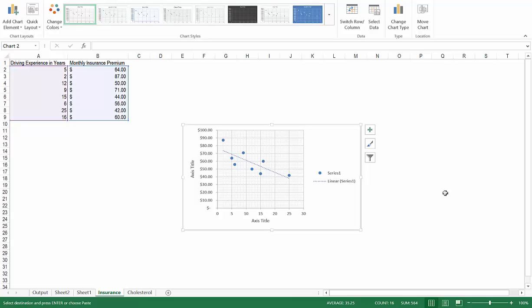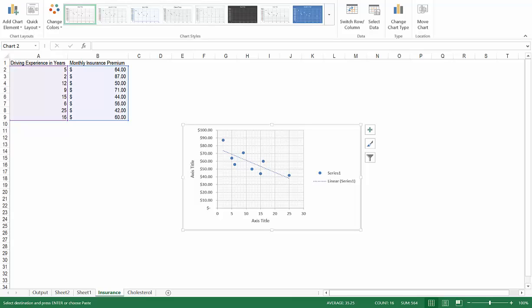So now what we see here is we could look at these dots and we could see that actually over time, as a person's number of years of experience increases, that's our bottom line there, okay, they're actually paying less in monthly premiums. So our assumption about this data, at least from a scatter graph standpoint, is telling us our assumption is correct.